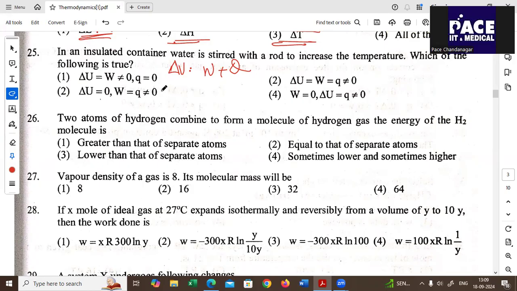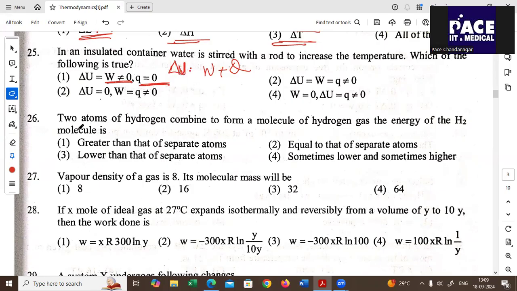Temperature is increasing, but heat content is not increasing. Heat is the same. So heat content in the system is the same, and then the work is being done here. So delta W is not equal to 0, whereas heat remains the same.